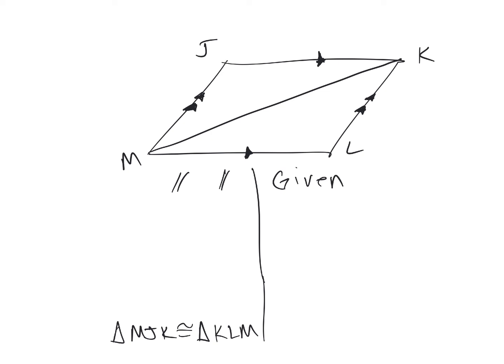That means you've got to tell me everything you know because you have parallel lines now. What, right off the bat, can you tell me about the picture? You have a reflexive piece here. This is in both triangles. So MK is congruent to KM. Reflexive property.